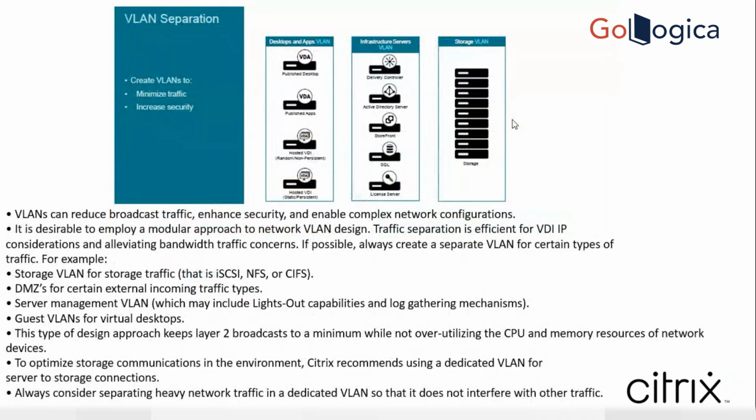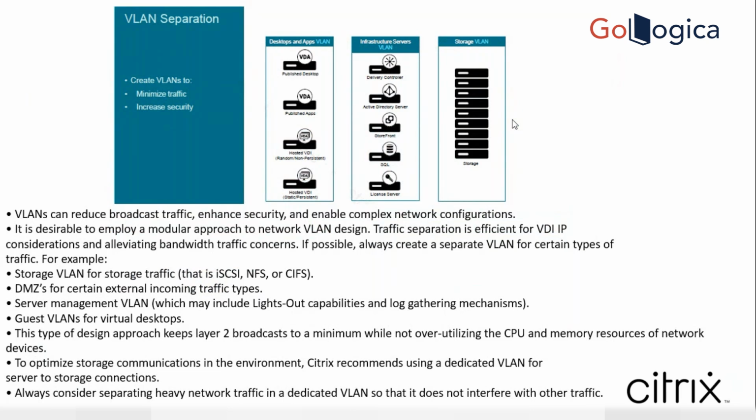Now VLAN separation. This is the network part. What is VLAN? VLAN is like dividing a single space into more. Suppose you have one big hall. You will divide that hall into kitchen, bedroom, hall, washroom.